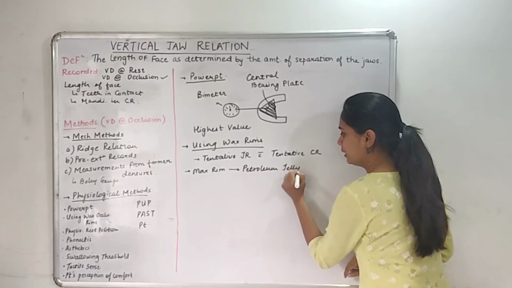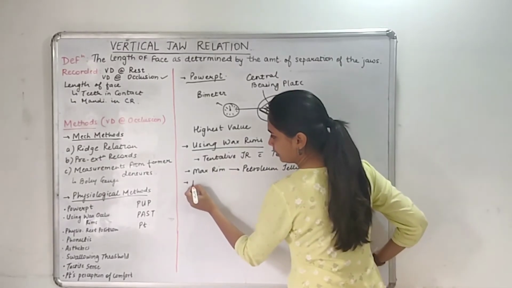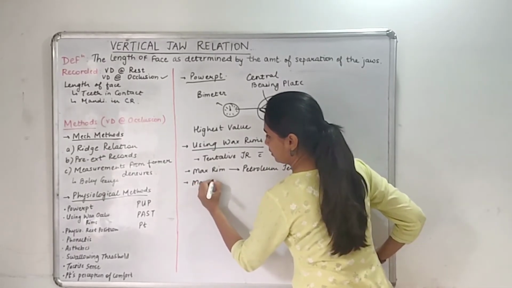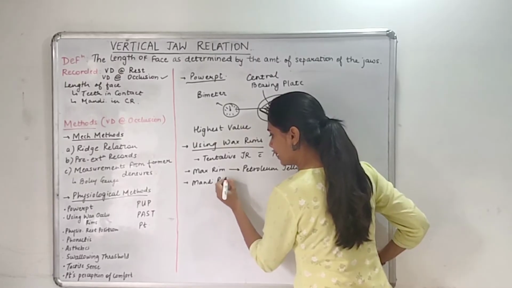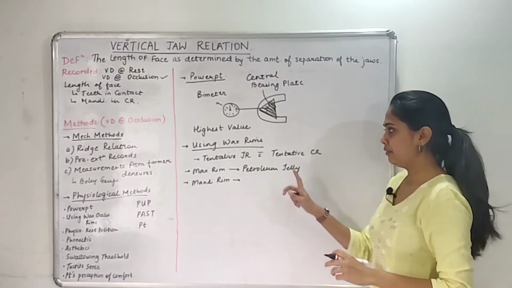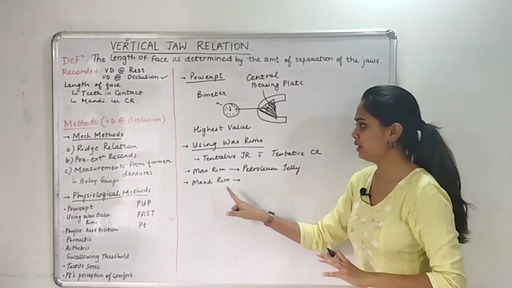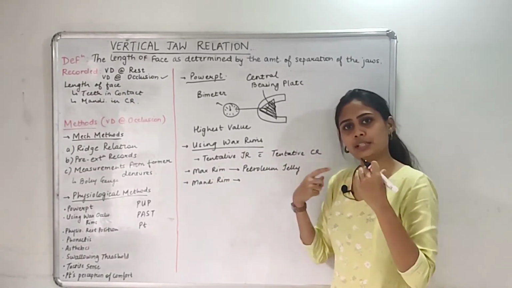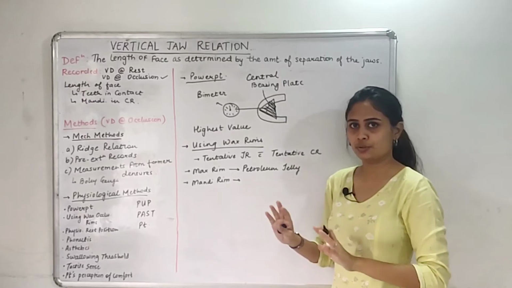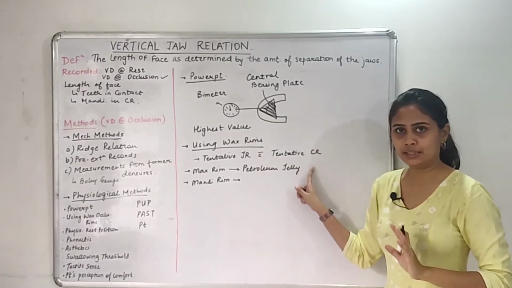After that, the mandibular rim. What changes do we do in the mandibular rim? Here we have taken a tentative JR with a tentative CR, that is a centric relation. The maxillary rim is placed into the patient's mouth as such; we don't manipulate this rim.